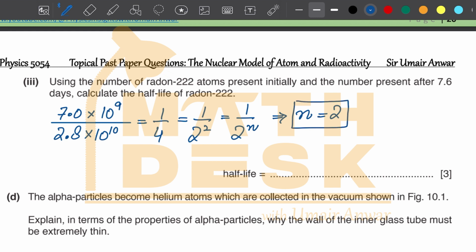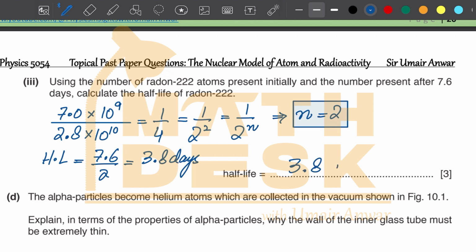So 2 half-lives have passed in a time period of 7.6 days. So 1 half-life is found when we divide 7.6 by 2, and the answer is 3.8 days. This would be the half-life of radon. So I'm writing 3.8 days in the answer space.